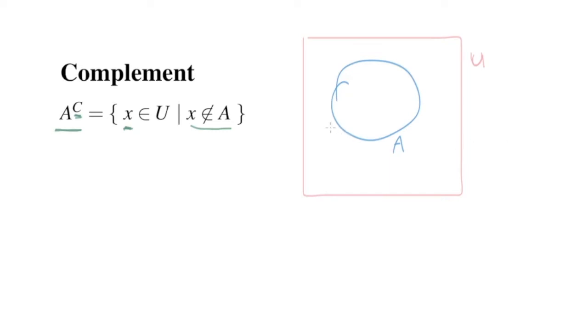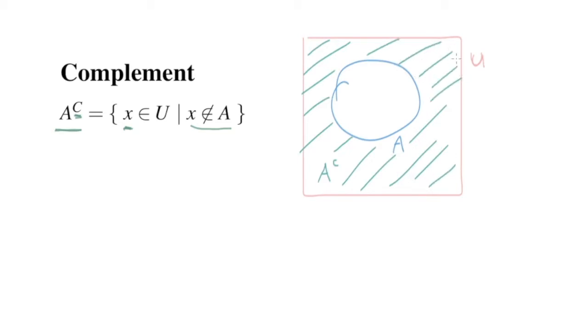The complement of A would be anything in the universe which is not in A. So it would be the region outside A. So any part of the universe which is outside the boundaries of A. Okay, so that will complement. This shaded region would be the complement.